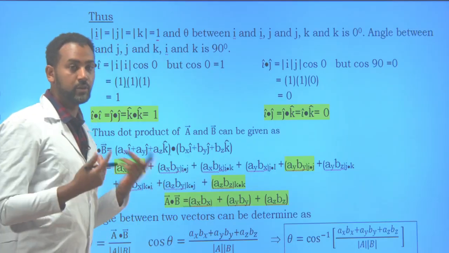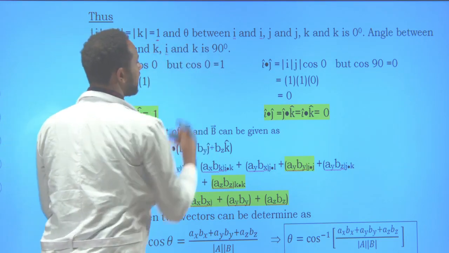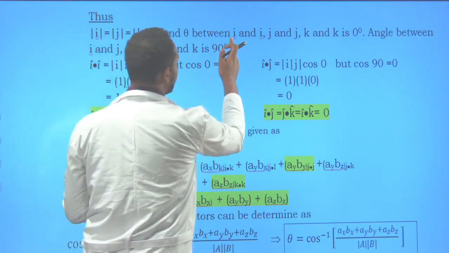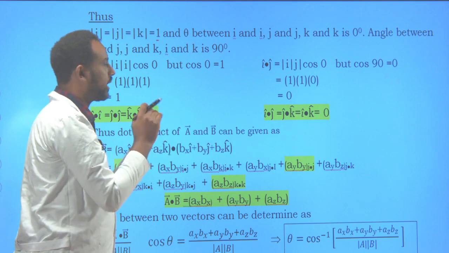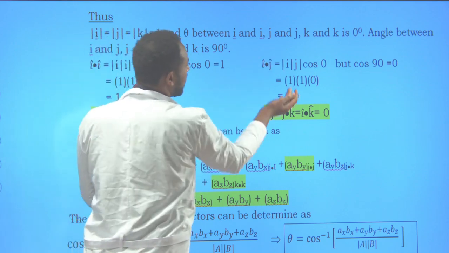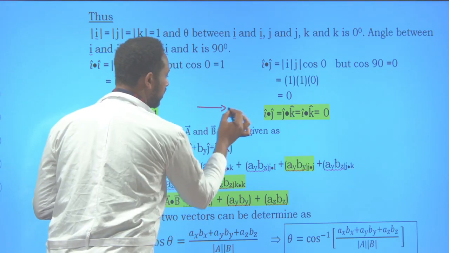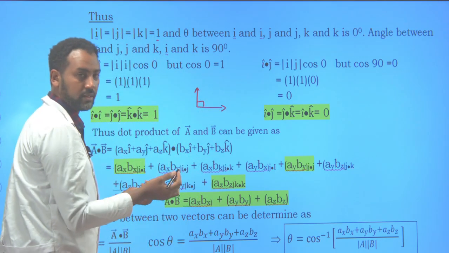We know that they are unit vectors, therefore their magnitude is 1. Theta is the angle between each pair. For example, the angle between i and i is 0, since they are acting along the same direction. The angle between i and j is 90 degrees, since they are perpendicular to one another: i is acting along the x-axis and j is acting along the y-axis.